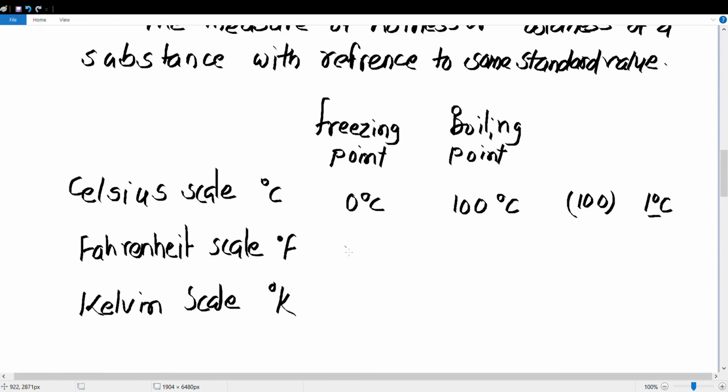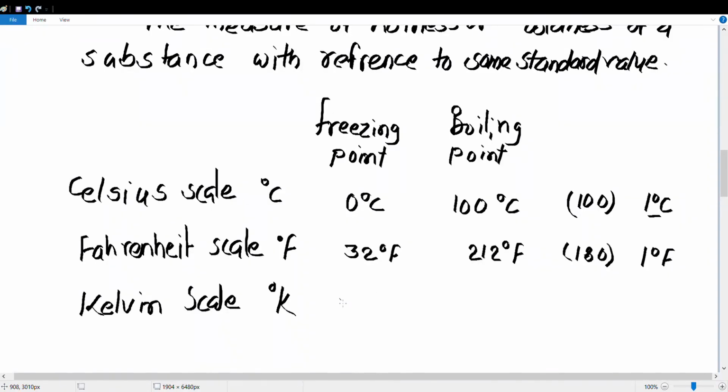In the Fahrenheit scale, the freezing point of water is at 32 degree Fahrenheit, and the boiling point of water is at 212 degree Fahrenheit. The difference between this boiling point and this freezing point is 180 divisions. Now the scale is calibrated by dividing this into 180 equal parts, and one part is 1 degree Fahrenheit.